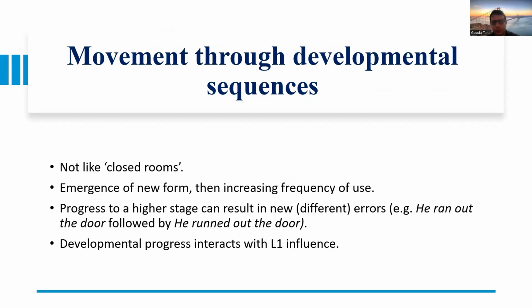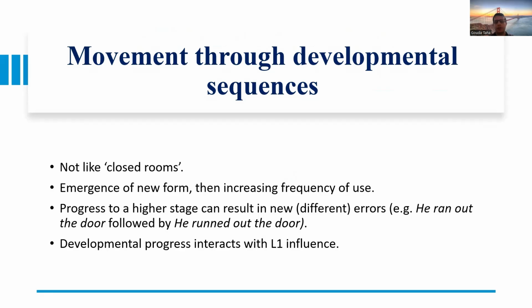So moving through the different developmental sequences in second language learning is something that we need to understand as not like closed rooms, meaning you're not just leaving one behind.